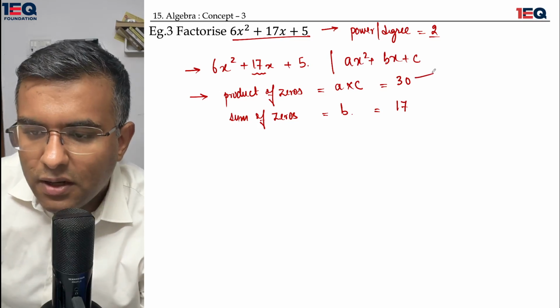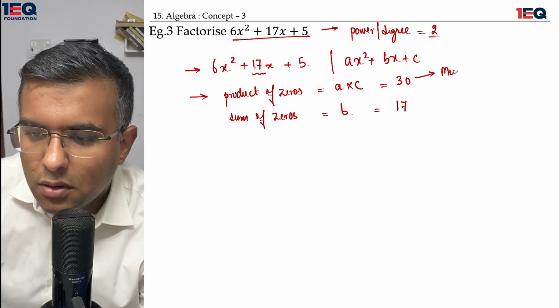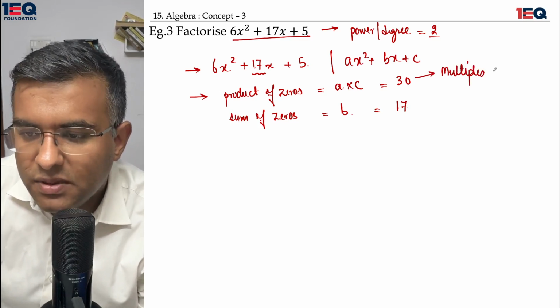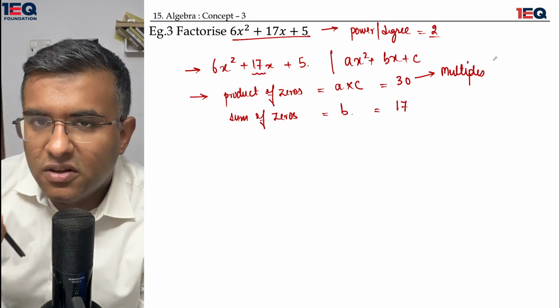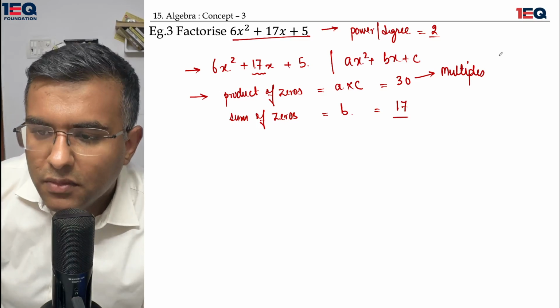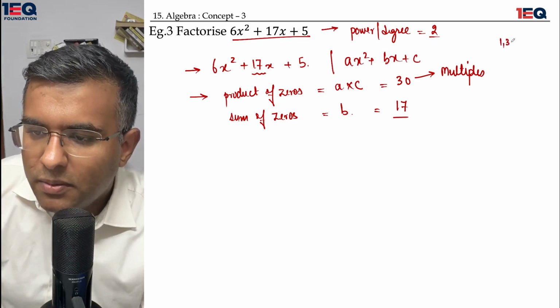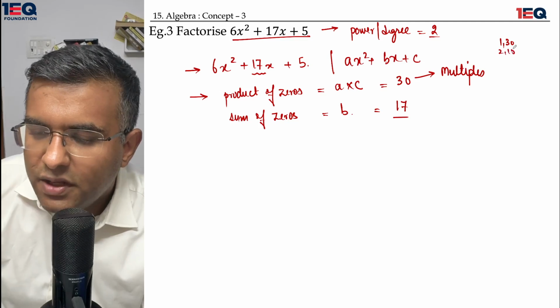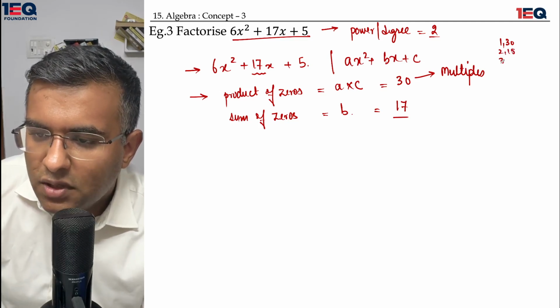Now I need to find out the factors which get multiplied to produce 30 and produce a sum of 17. If I do that, there is 1 comma 30, there is 2 comma 15, there is 3 comma 10, there is 5 comma 6.